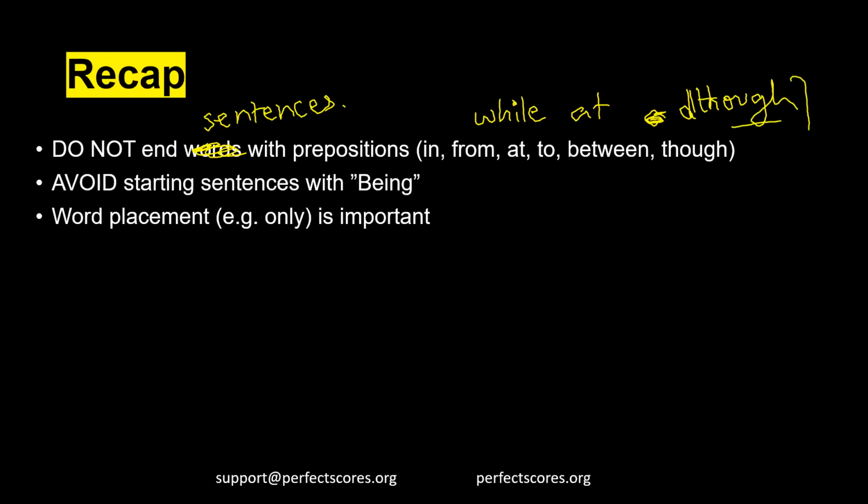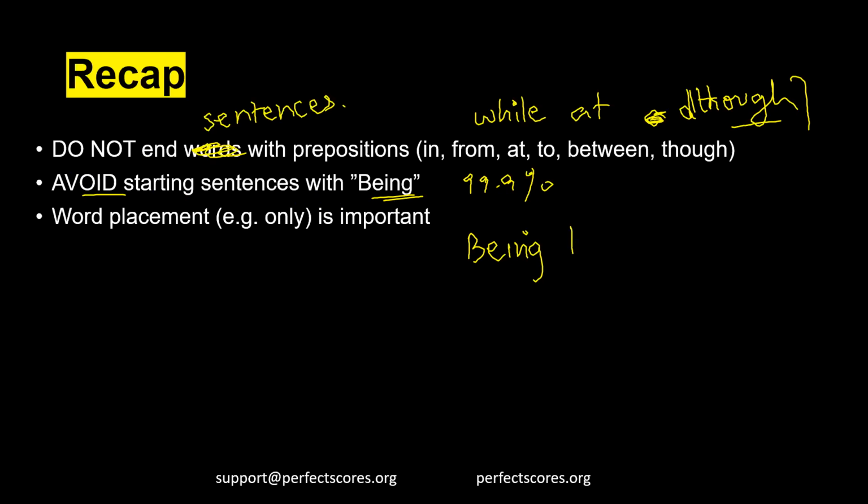The second is avoid starting sentences with "being". So usually about 99.9% of the sentences that begin with this word are wrong. There can be exceptions where nothing else works and "being" is the only correct word to start a sentence. For example, let me use a current sentence.